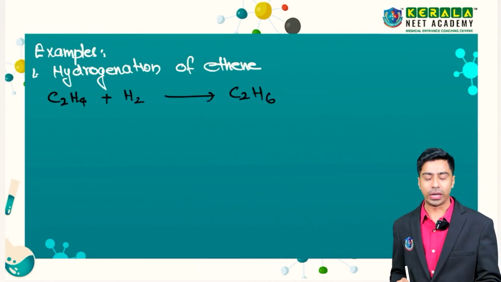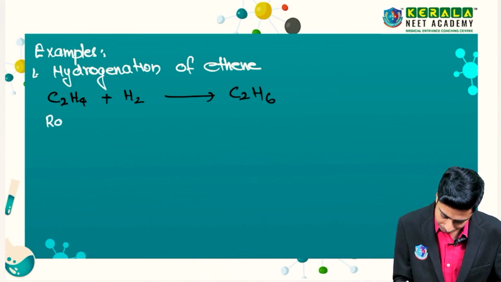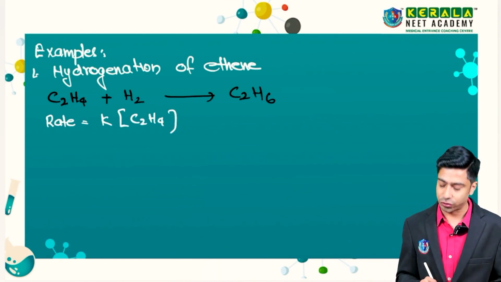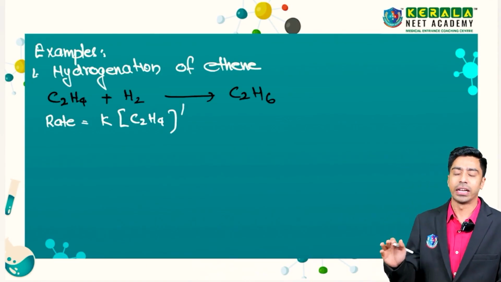So what will be the rate equation? The rate is equal to k into concentration of C2H4 raised to 1, because it is a first order reaction. That means hydrogen will not be involved in the rate equation.